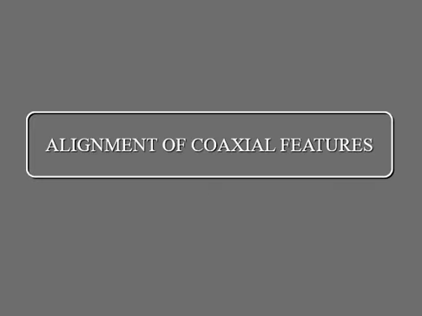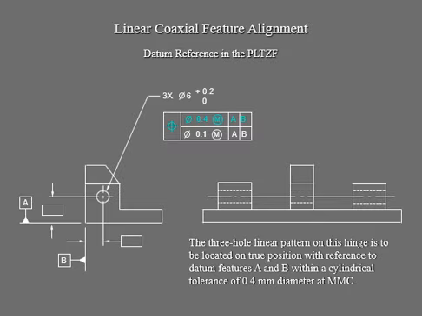Alignment also depends on your tolerance, because right now we're going to get into our coaxial features. Of course, they are related to each other, and in this part we have a little hole right there, and we have a composite tolerance control frame telling you about that hole.